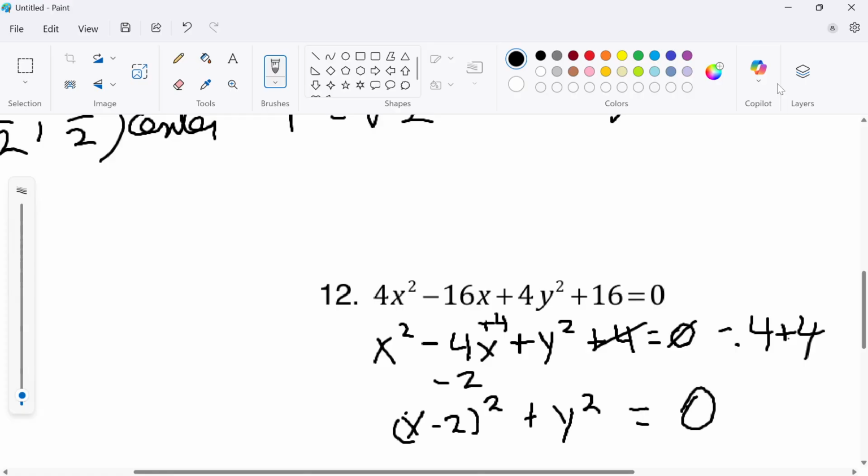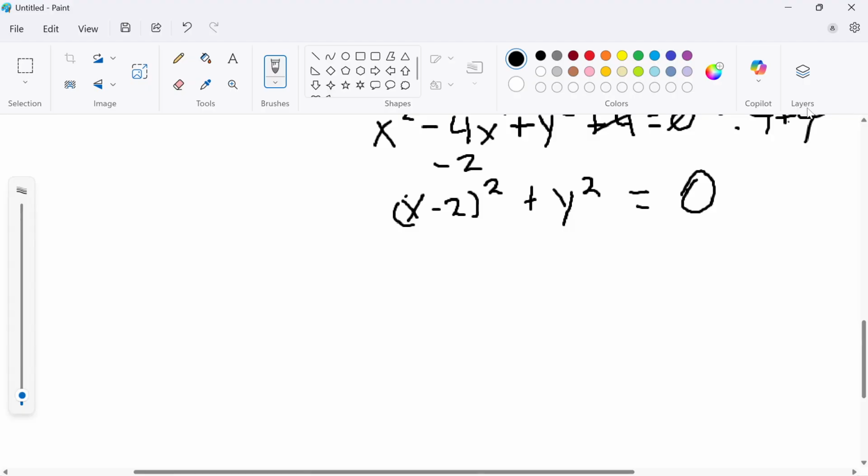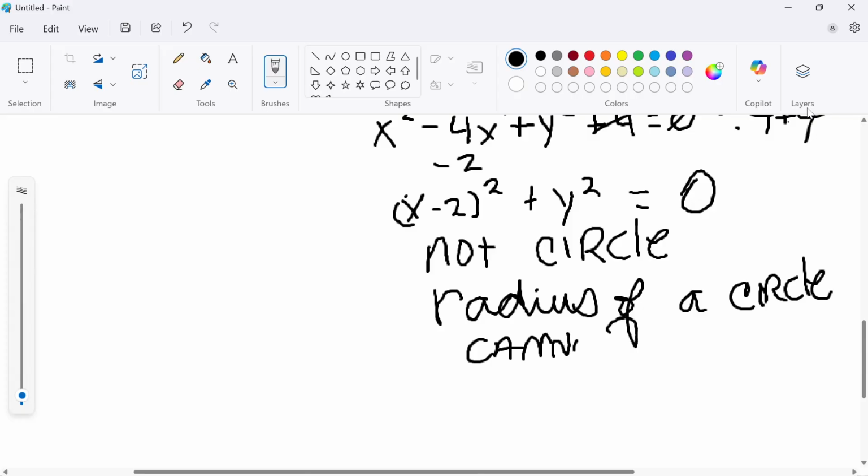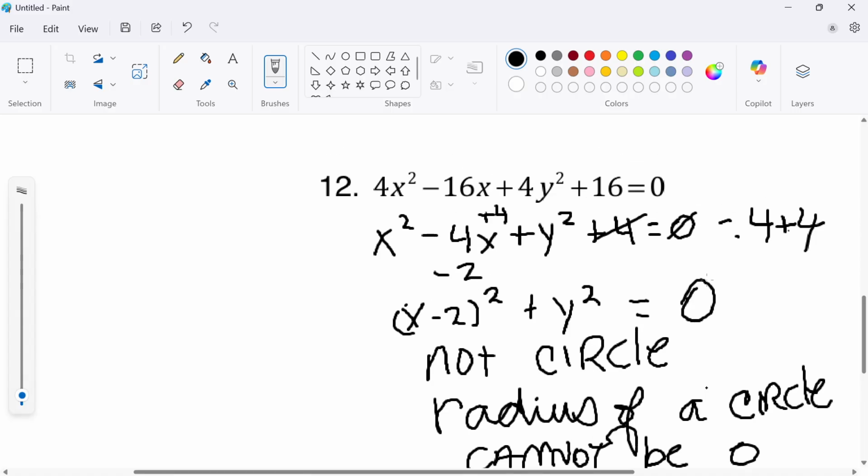I can't have a circle with a radius 0, so this is not a circle, because the radius of a circle cannot be 0. It's nothing. It's a nothing.